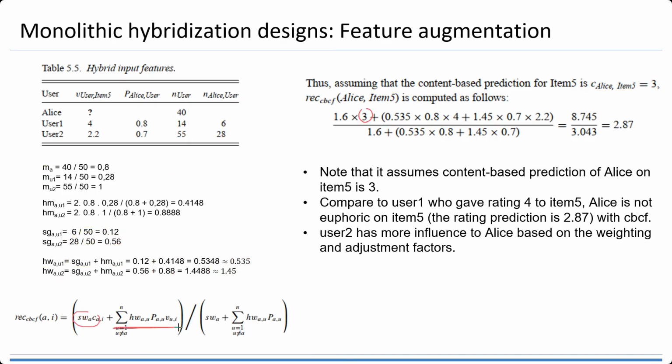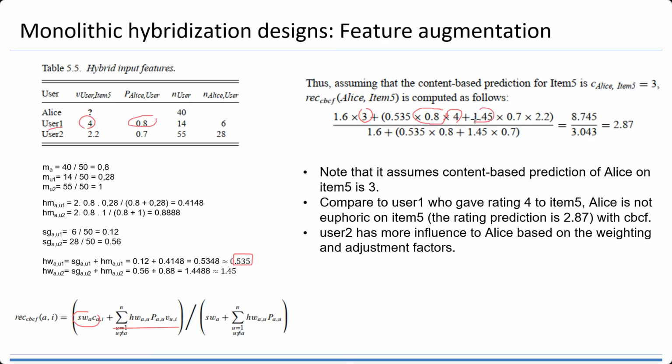The summation for all, in this case: the HW is 0.535 multiplied by the Pearson correlation, multiplied by 4. This is the rating for item 5 by this respective user.